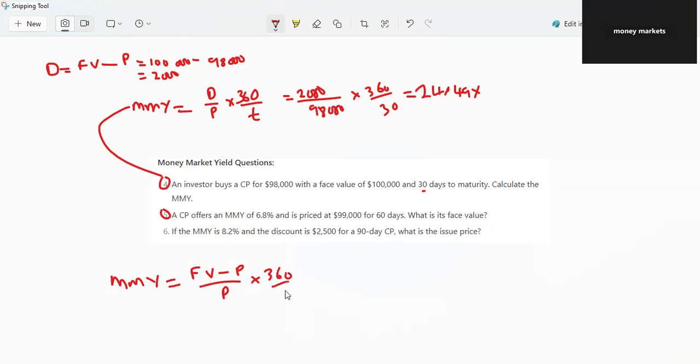Are we together so far? I've not lost anyone, right? It's the same formula that I've just manipulated here. So we've been given the money market yield as what? 6.8%, 0.068. Then what else have we been given?